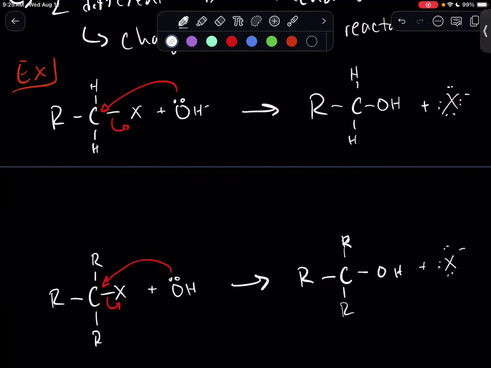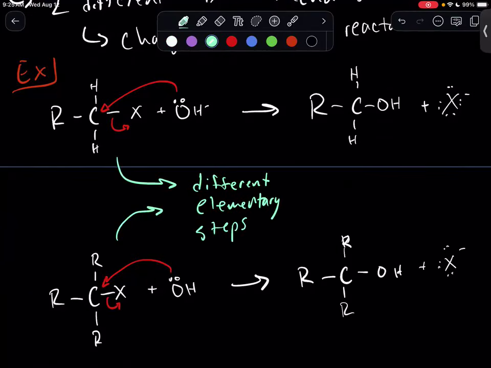And the thing about this is both of these have completely different elementary steps. And we learn that those elementary steps are those intermediate steps or the smallest steps of a reaction, these basic steps of reaction.